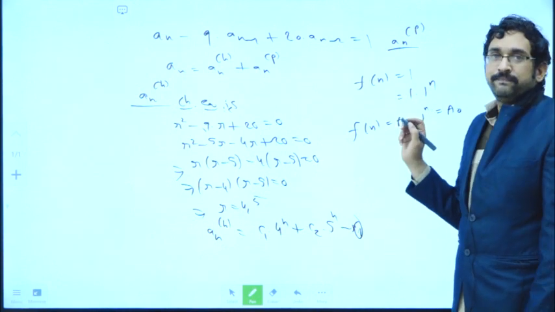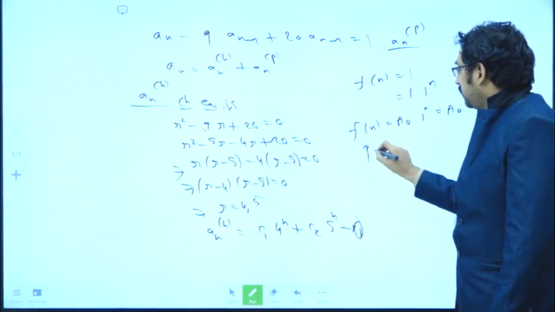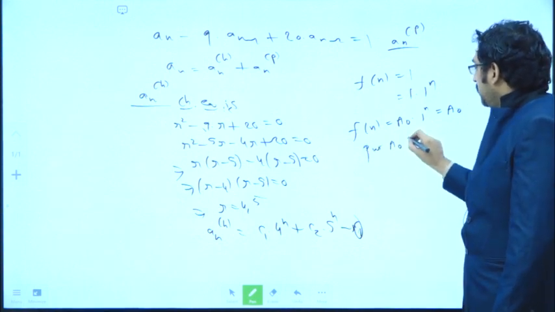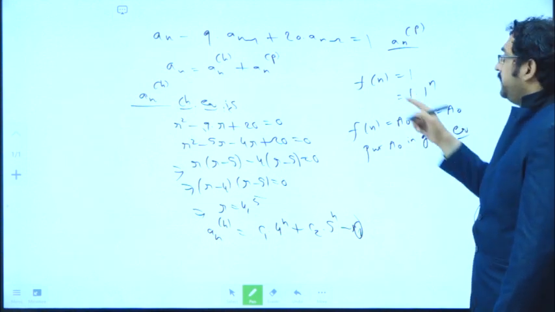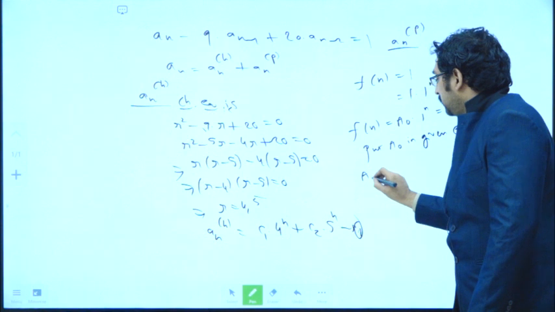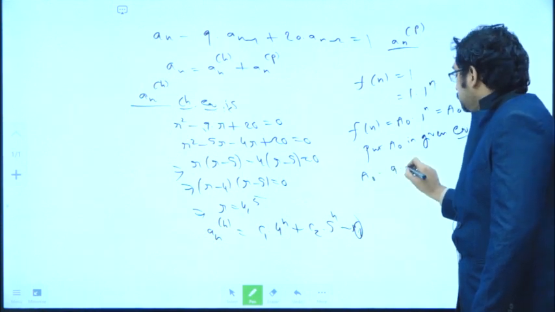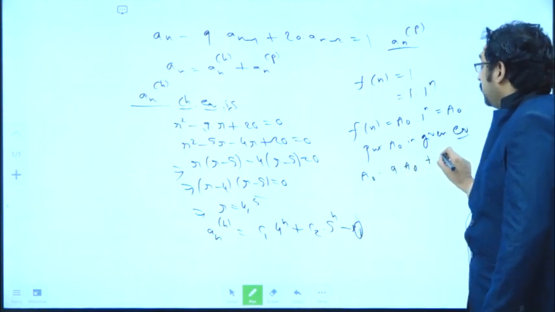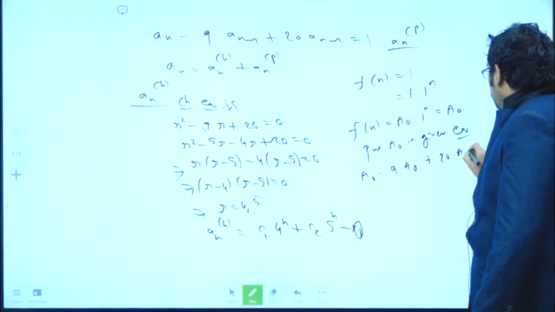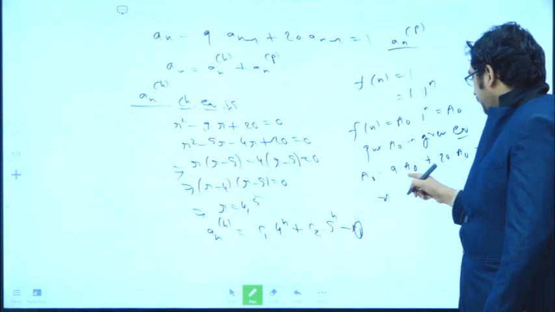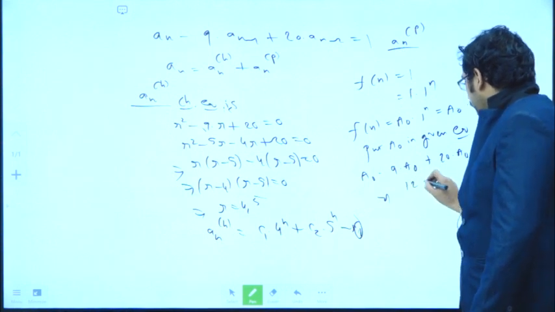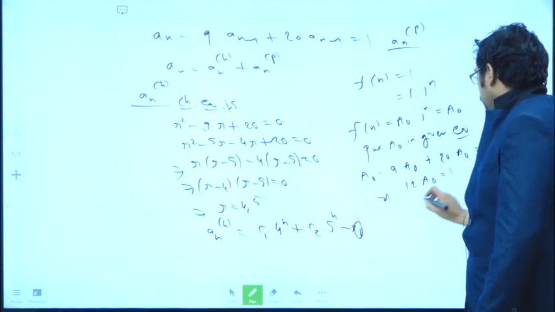Substitute a naught in the given equation. There we will get a naught minus 9 into a naught plus 20 into a naught equal to 1. That implies 21 minus 9, 12 a naught equal to 1.